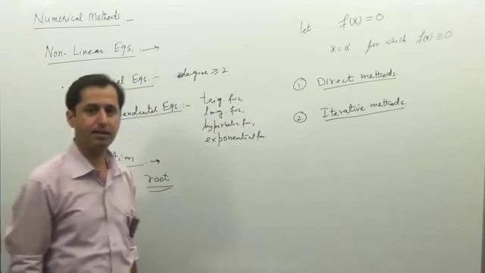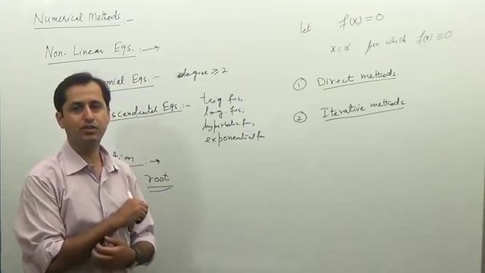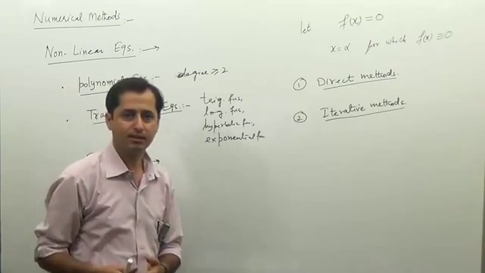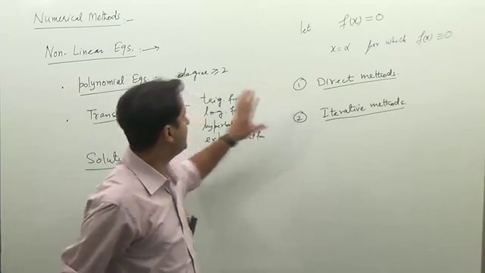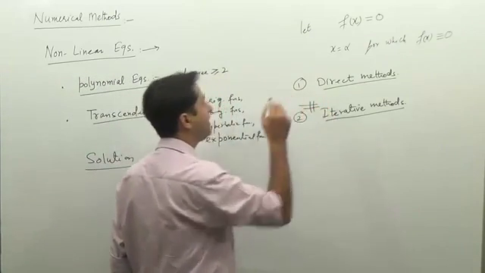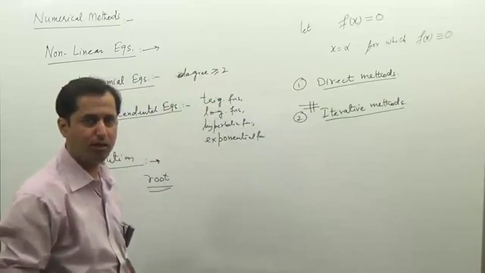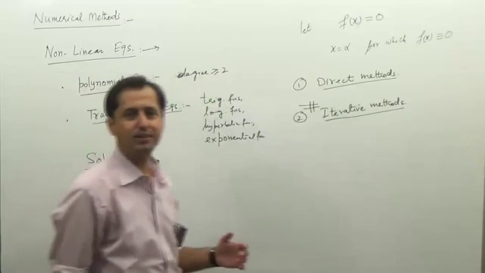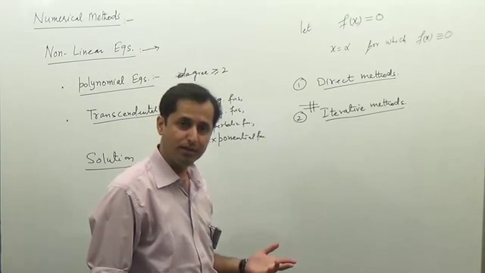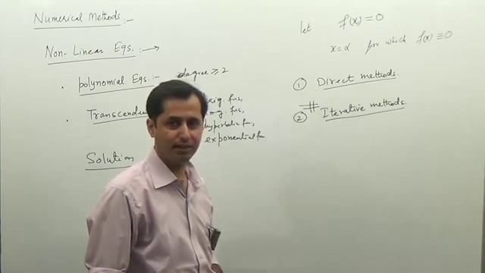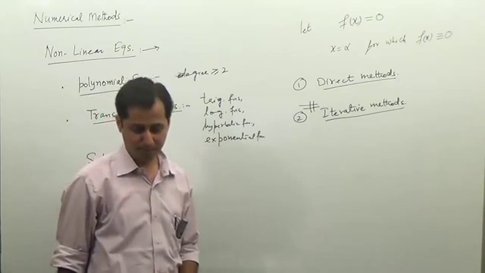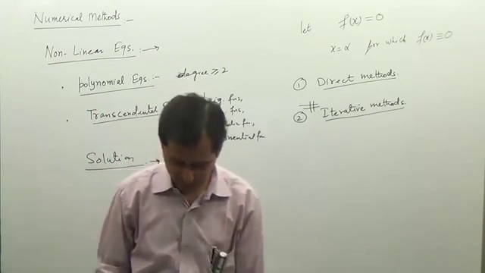Iterative methods are those which don't have a fixed number of steps. In non-linear equations we mainly focus on iterative methods. The direct category includes factorization, or the method where we solve a quadratic equation using some relations. But here our main aim is iterative methods.